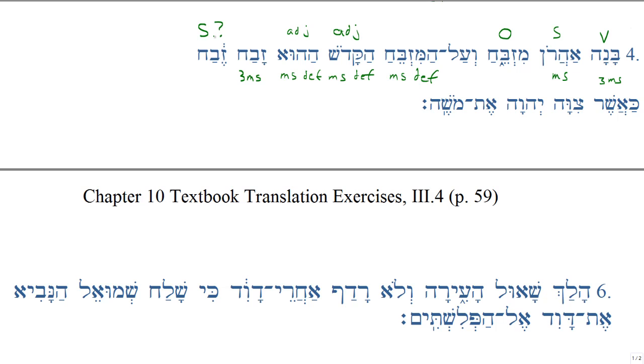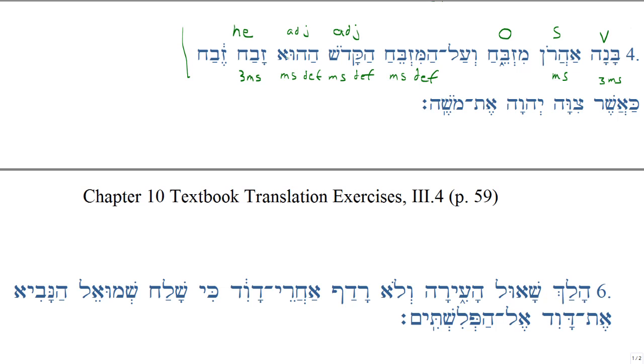Number one, it doesn't make sense. We would never expect a sacrifice to perform a sacrifice. We would expect Aaron to perform the sacrifice. And secondly, it's very common in Hebrew for a verb from a particular root to take an object from the same root. We have the root zayin beit chet as a verb together with a related noun, zevach. And it's very common in Hebrew for a verb and a noun from the same root to go together. For instance, he dreamed a dream. He sacrificed a sacrifice. So here we will supply the subject he, because it's a finite verb, we can do that. He sacrificed a sacrifice.